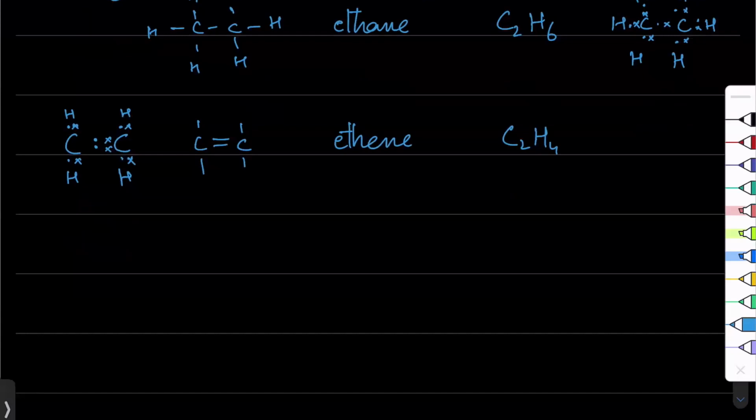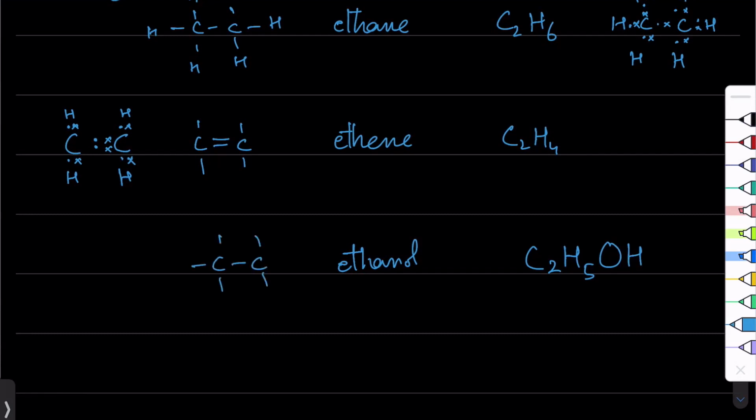Okay, let's look at ethanol. What will the formula be for ethanol? C2H5OH. So this will be C2, and 1 hydrogen is replaced with OH.